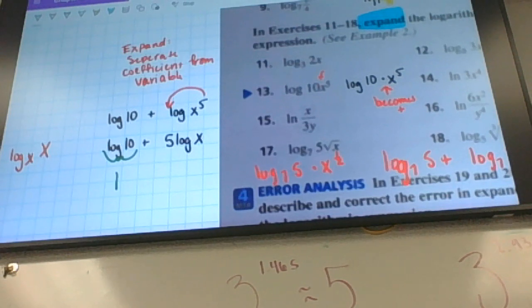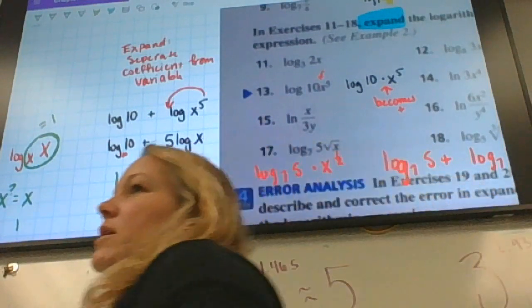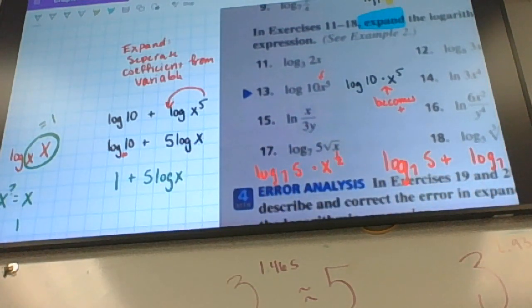And I said, think: x to what power would give you an x? Only 1, right? Whenever this and this match, it all equals 1. Well, there's an invisible 10 right here. If there's no base at all, it's an invisible 10.